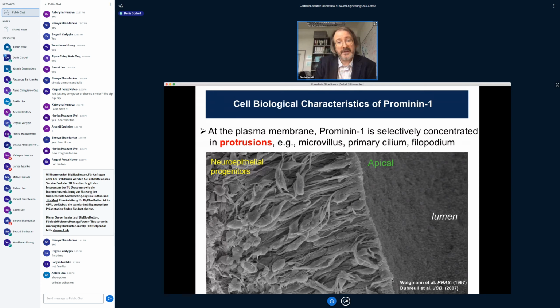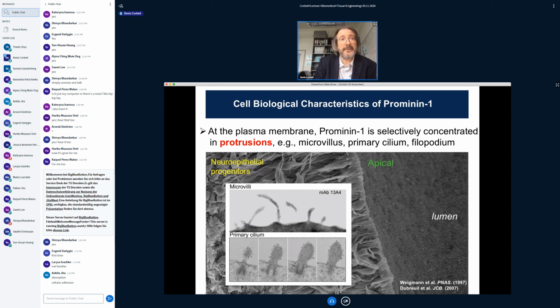Now, if we go deeper, to localize a protein, meaning by electron microscopy, what we found, as you can see here, by immunogold labeling with the antibody against prominin 1, in this case we are on the mouse, you can see the labeling only in protrusions. These are microvilli-like structures. You don't see any staining on the flat area.